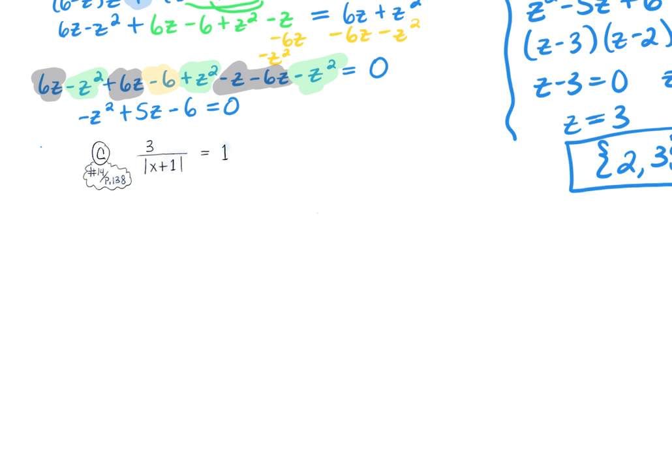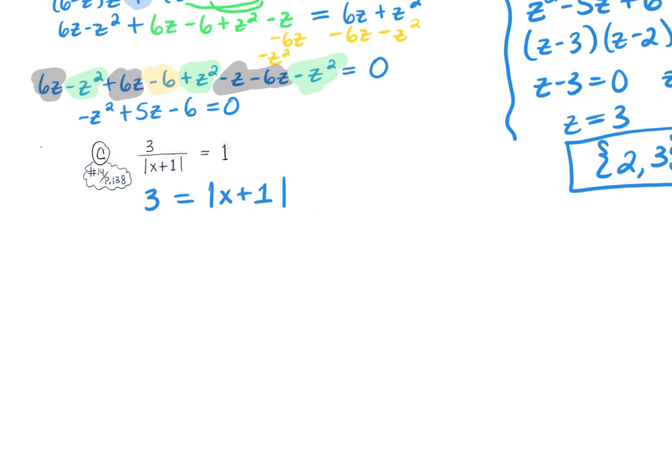Yes. Okay. So you have 3 over the absolute value of x plus 1 equals 1. Our goal is to solve still. So we're going to multiply everything by the absolute value of x plus 1. So we get that. And then we have to remember what it means to have the absolute value, which we've talked about.